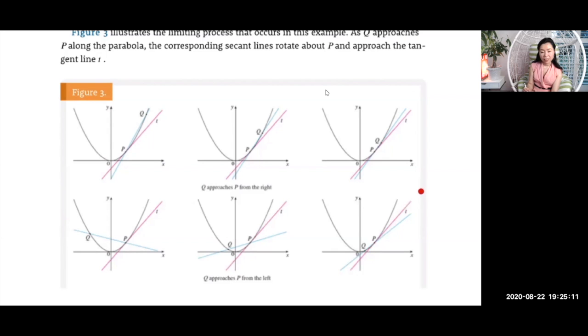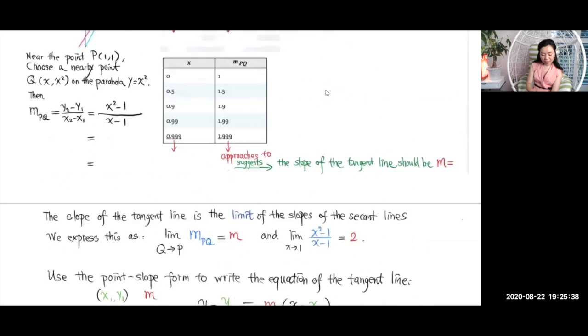So that gives us an idea: if we can calculate the slope of the secant line PQ, and then move Q closer and closer to P and see what happens to the slope, is the slope approaching a certain number? If it is, then that number will be the slope of this tangent line. So that's the idea.